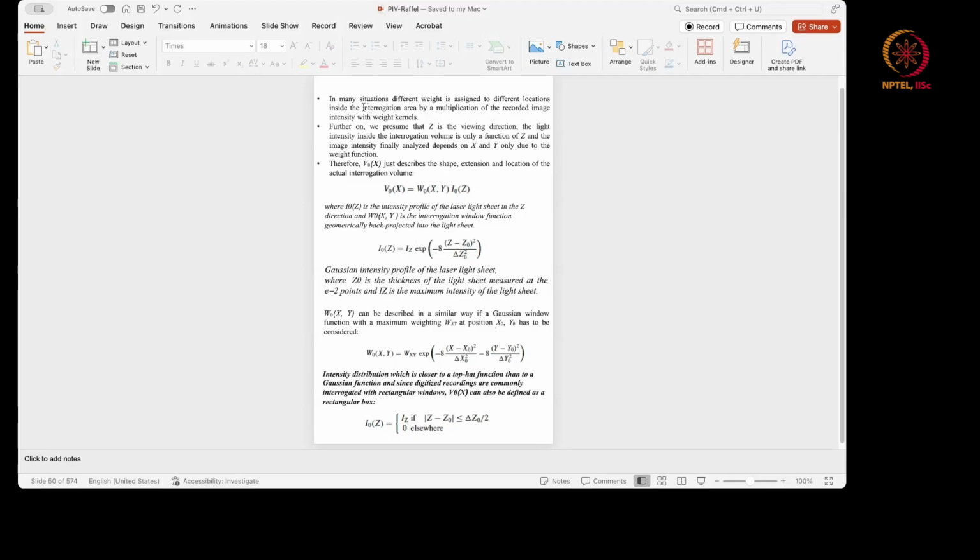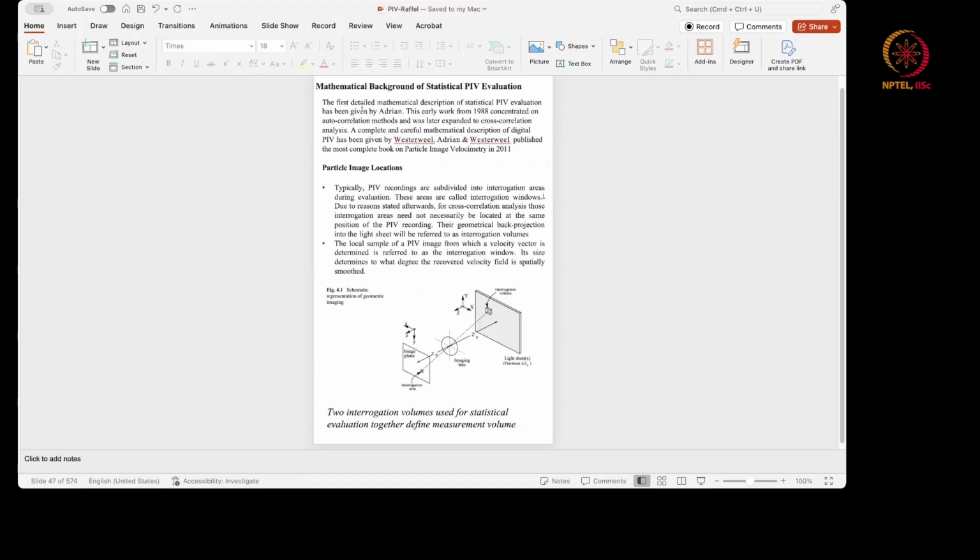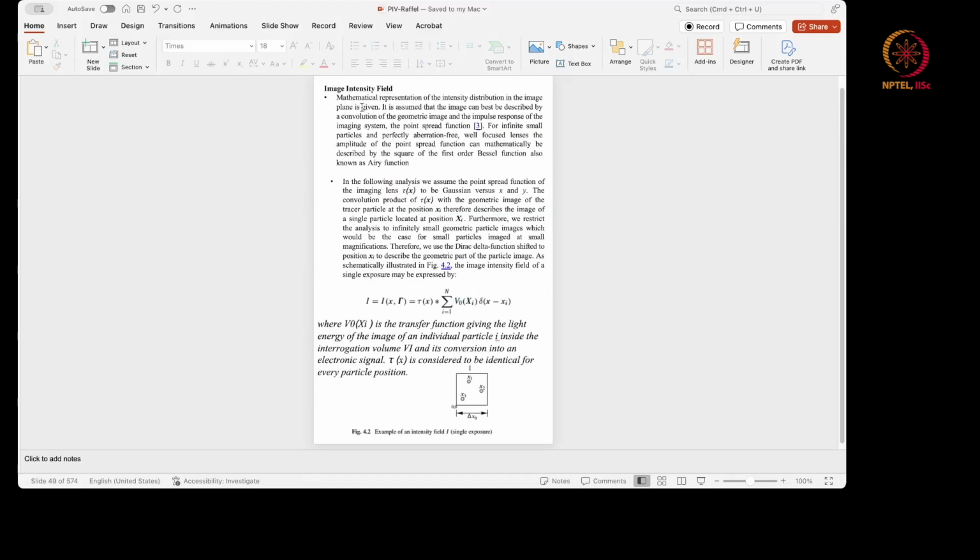Remember that different locations of the interrogation window are assigned different weights. So V naught, which describes the shape, extension, and location of the actual interrogation window, is a product of two terms. One is the laser intensity profile, which is Gaussian, which basically spreads. The other one is a Gaussian window function, which has its peak location at x naught, y naught. So this is the thing that we actually see over here.